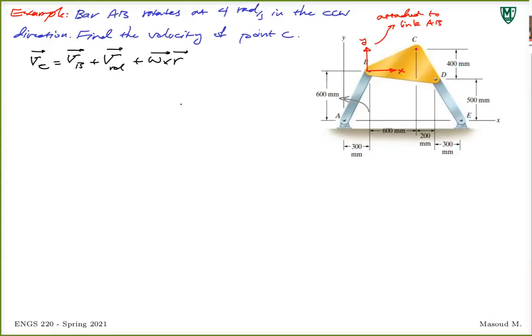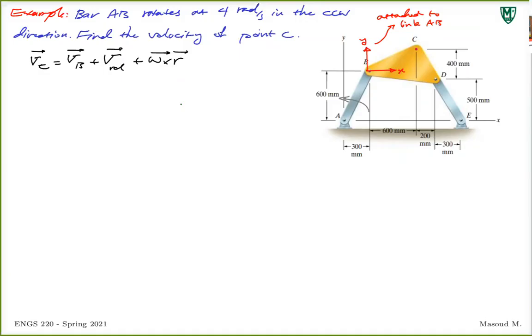You have this frame attached to link AB. So when link AB rotates, this is what happens to your frame. Your frame goes with this link like this. Remember, omega is the angular velocity of the local frame when it rotates about its origin. In this motion, this is not happening.